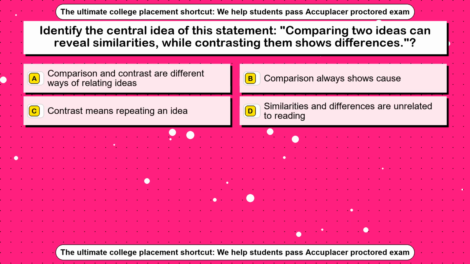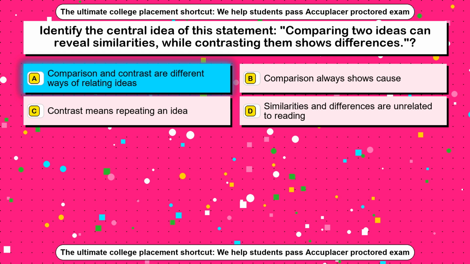Question 79. Identify the central idea of this statement. Comparing two ideas can reveal similarities, while contrasting them shows differences. Option A, comparison and contrast are different ways of relating ideas. Option B, comparison always shows cause. Option C, contrast means repeating an idea. Option D, similarities and differences are unrelated to reading.